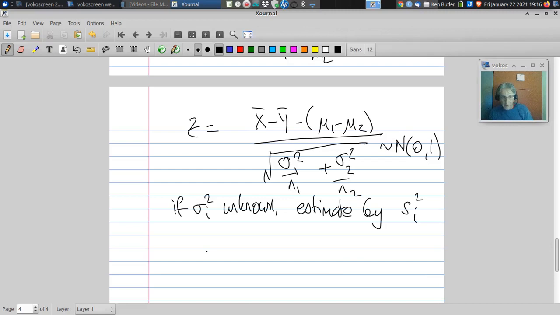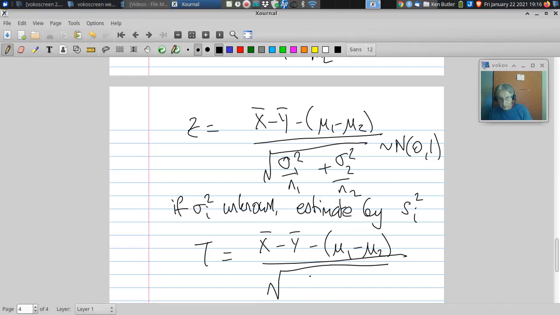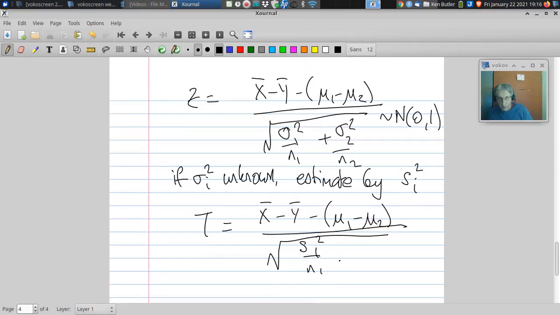And then you end up with a thing which I guess we can call T, but we don't know what distribution it has yet, where all the sigmas are replaced by a nice big square root of s1 squared over n1 plus s2 squared over n2.